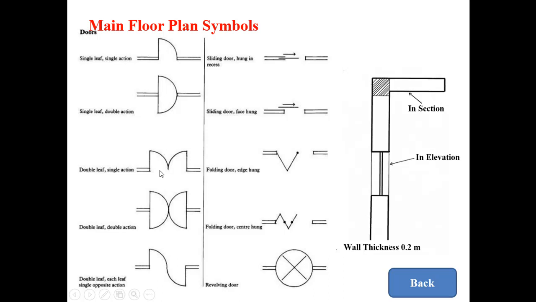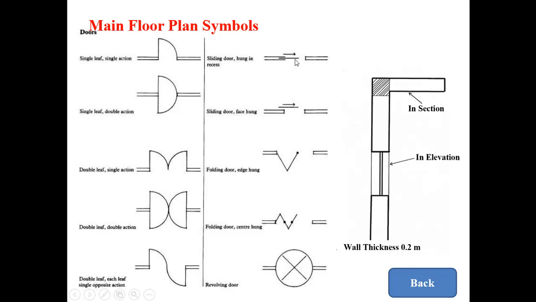Here, the door is double leaf. We have two leaves here, but single action. This means it opens only in one direction. Same, we have two leaves and open in two directions. We have two double leaves, but each one opens in another direction.